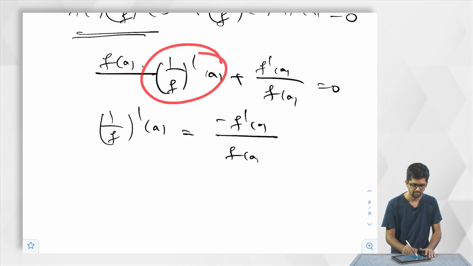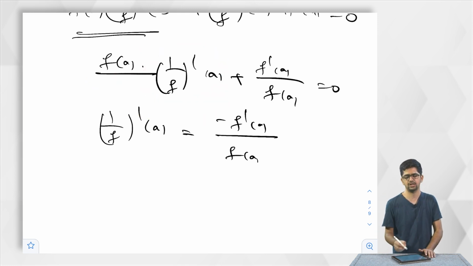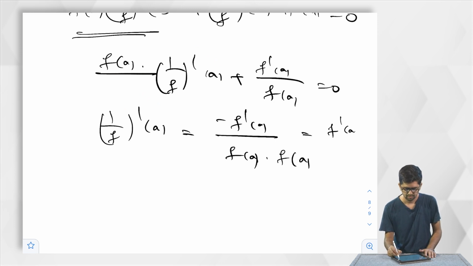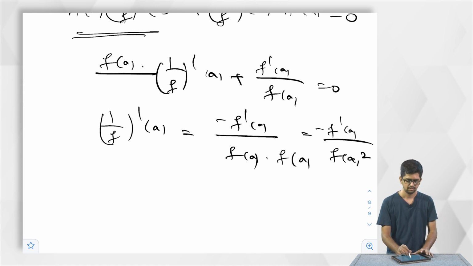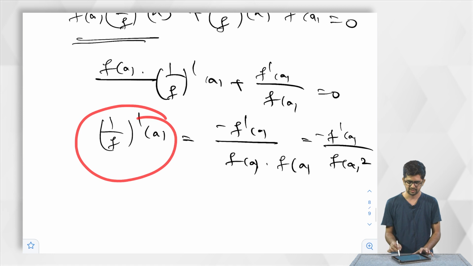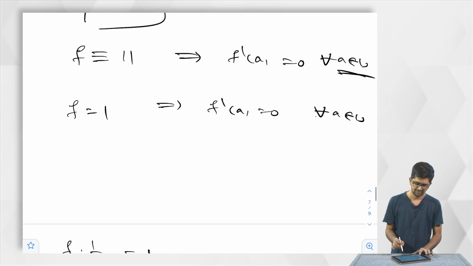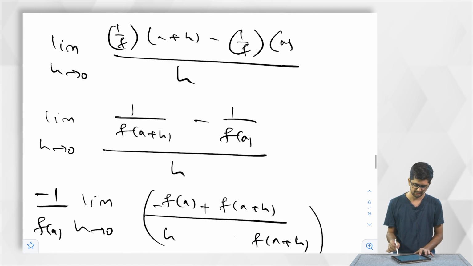If I want to remove it, move it to the right hand side, it should come in the denominator. So this is minus f dash of a by f of a square. Observe that these are the same formulas for the derivative of 1 by f at a. That's what we have shown here, right?